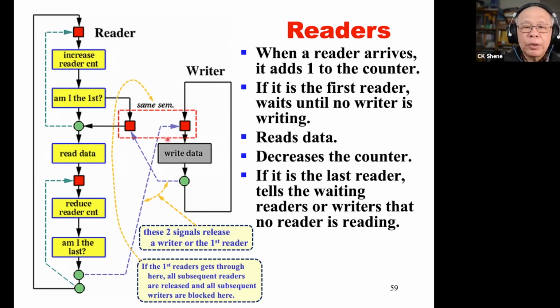As I mentioned, this semaphore blocks the first reader and the subsequent writers. When this signal comes in, what exactly is the thread that would be released? The writer or the first reader?